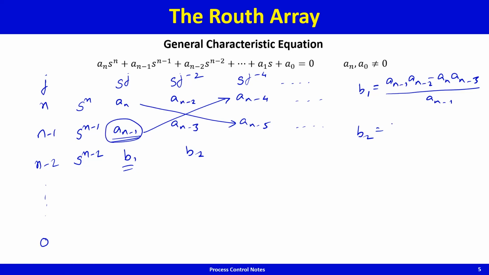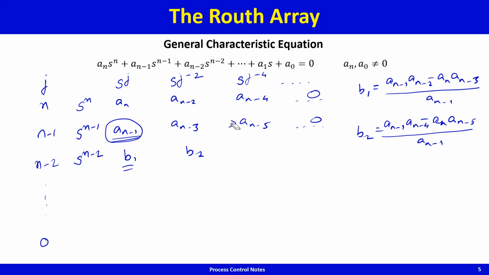So b2 is going to be a n minus 1 into a n minus 4 minus a n times a n minus 5, divided by a n minus 1. And similarly you can go on. If there are elements here and here, then b3 is going to end up being this times this minus this times this divided by this guy.